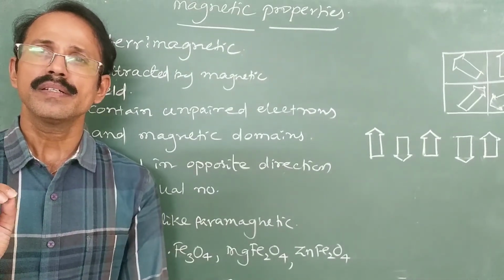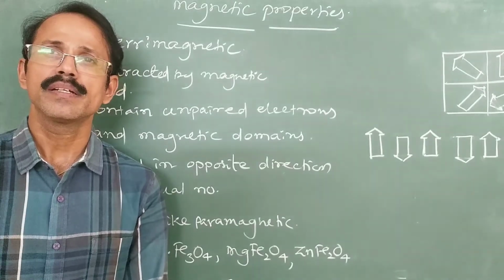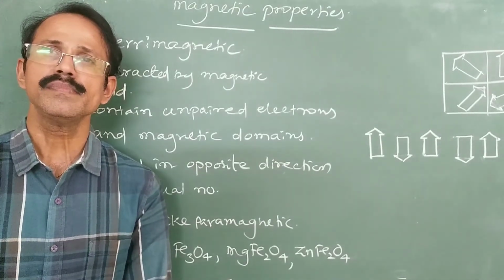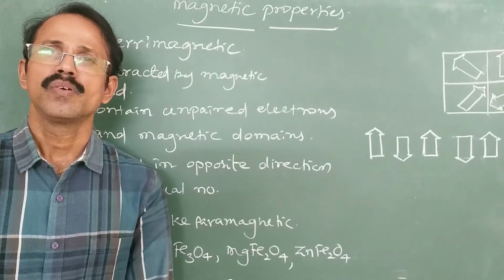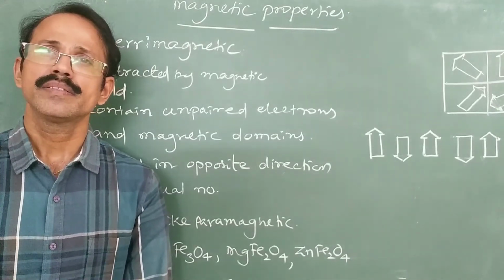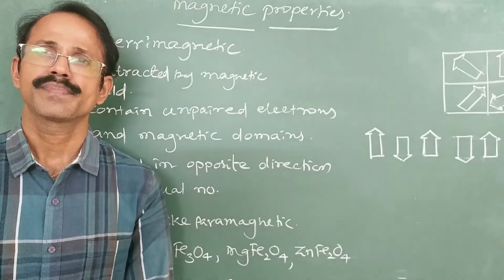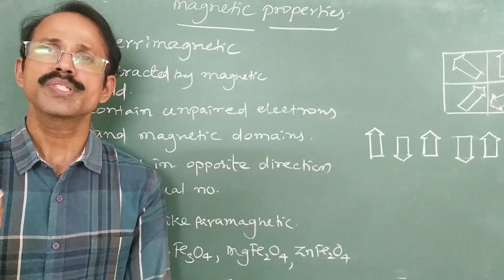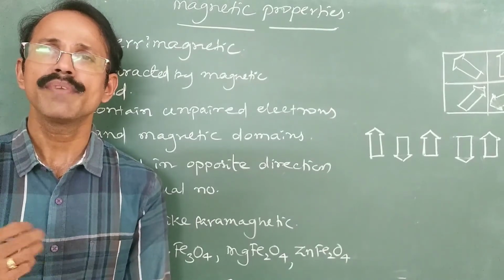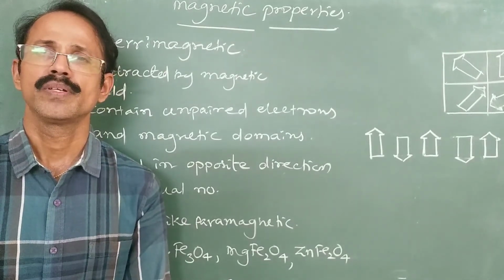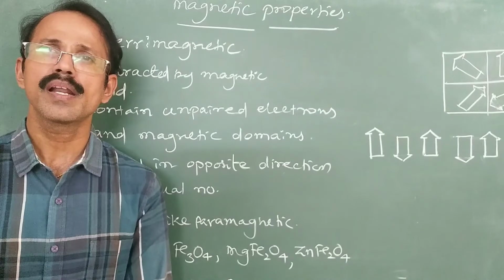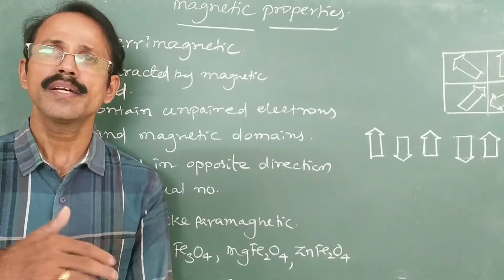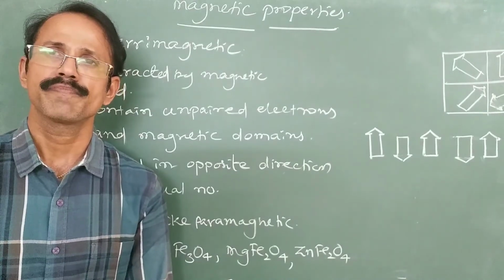Now ferrimagnetic substances. These are expected to be ferromagnetic but are weakly attracted by the magnetic field. Why are they weakly attracted? Let us see. Ferrimagnetic substances also contain unpaired electrons and magnetic domains. These domains are randomly aligned, in different directions.